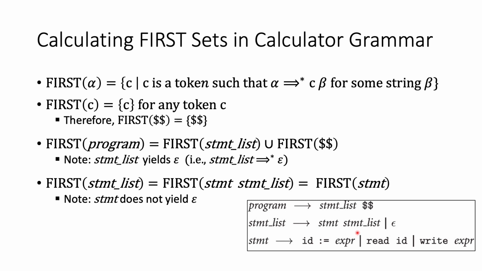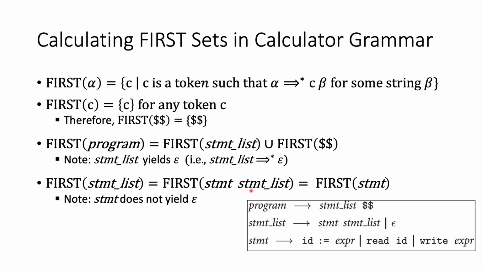The remaining production has the right hand side being empty, followed by empty list. So the first of empty list must be equal to the first of the sequence empty, then empty list.